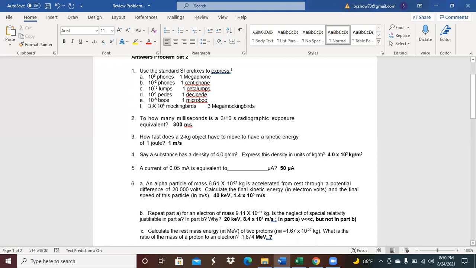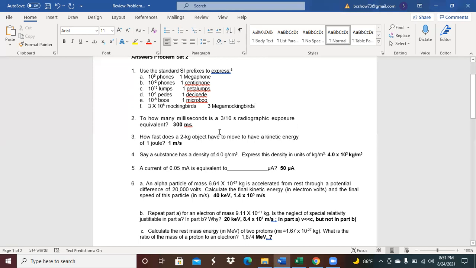And that's what I'm looking for there in problem 1. So if we go down to, say, problem 2, we've got, how many milliseconds is a 3/10 of a second radiographic exposure equivalent to? Well, the answer, and again, that's not the same problem as what I'm having you work on, is going to be 300 milliseconds.